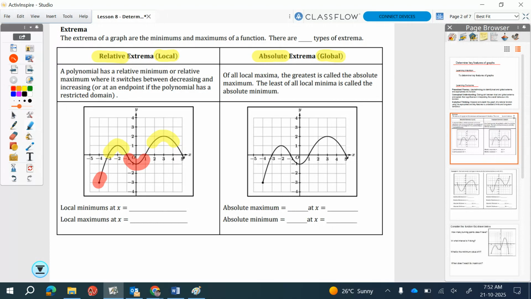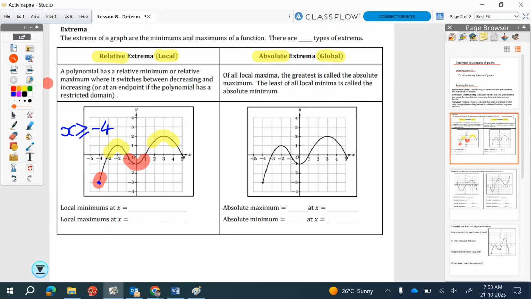The domain of the function that we're looking at here starts at -4. So our domain is that x is greater than or equal to -4. Because -4 is included in the domain, it means that this point is included in the graph, which means this point here is a local minimum point.